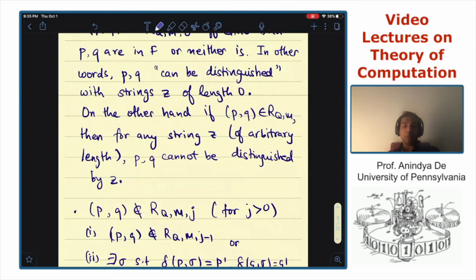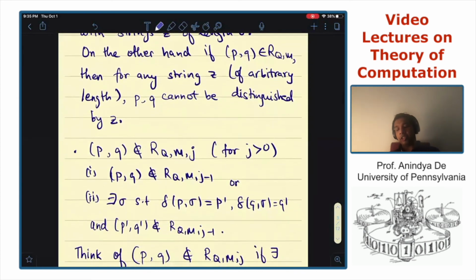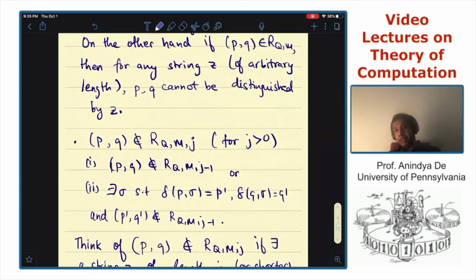So R_{Q,M,0} is about being distinguished by a string of length 0, while when you say P, Q is in R_{Q,M}, you mean that they cannot be distinguished by a string of any length. And now we arrive at the definition of R_{Q,M,j}, which interpolates between R_{Q,M,0} and R_{Q,M}.